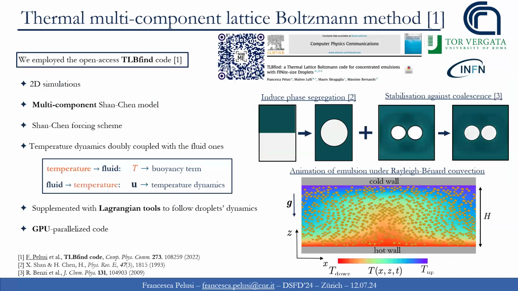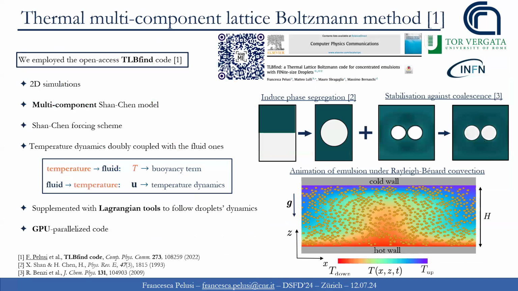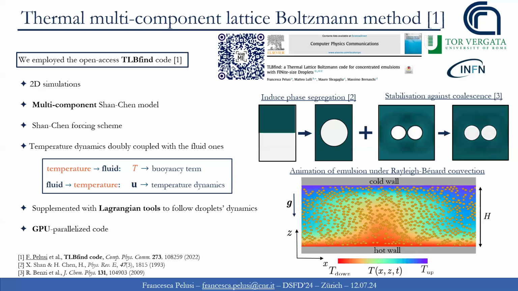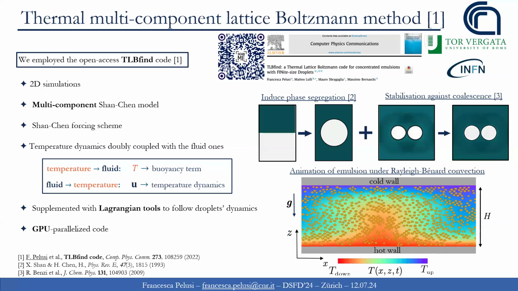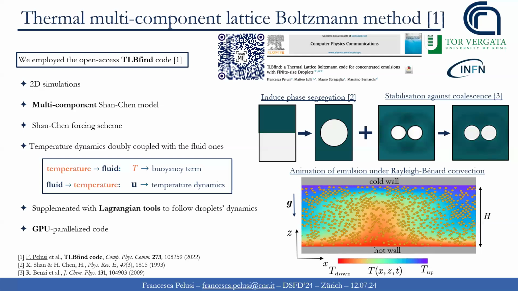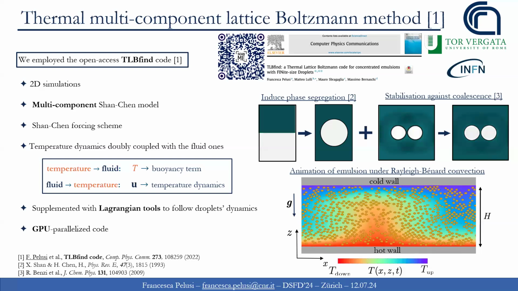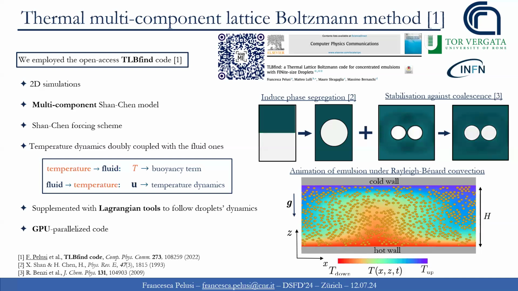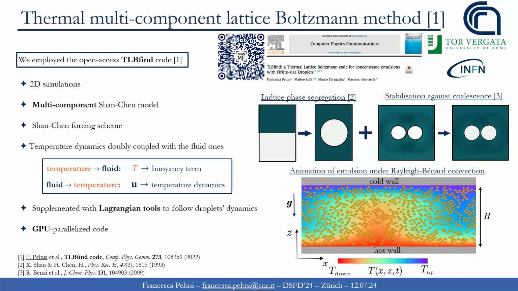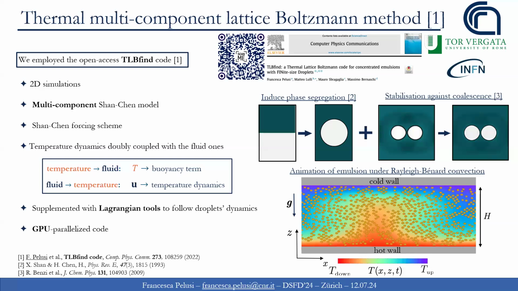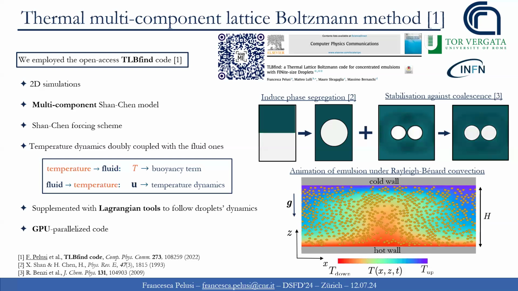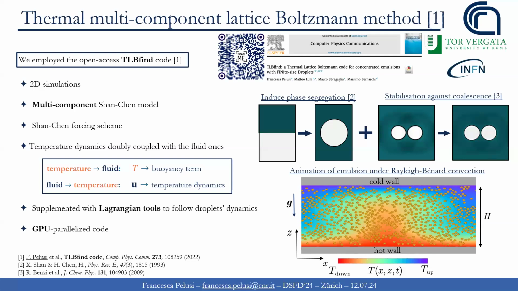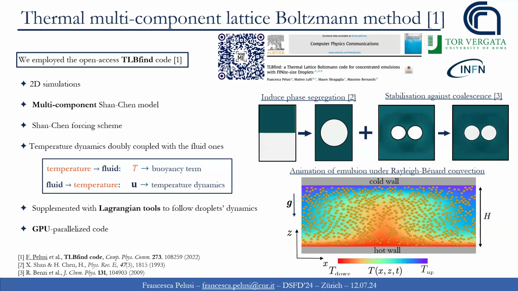In order to address these kinds of simulations, we use the open access Lattice-Boltzmann code that is based on the multi-component Shan-Chen model. So we are performing 2D simulations with, first of all, the necessary interactions in order to create the phase separation of the two components, supplemented by some additional interaction that has the aim of mimicking the effect of the surfactants that are at the interface in real systems, in real emulsions, and they inhibit the coalescence of the droplets.